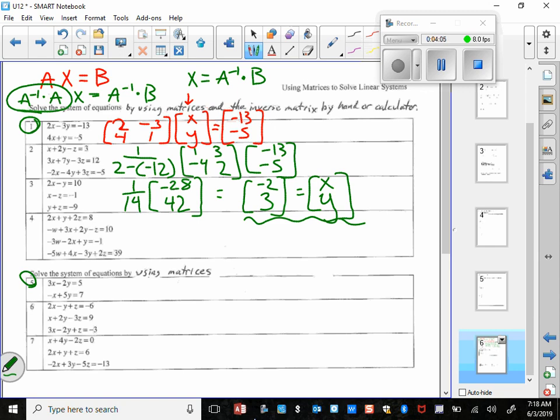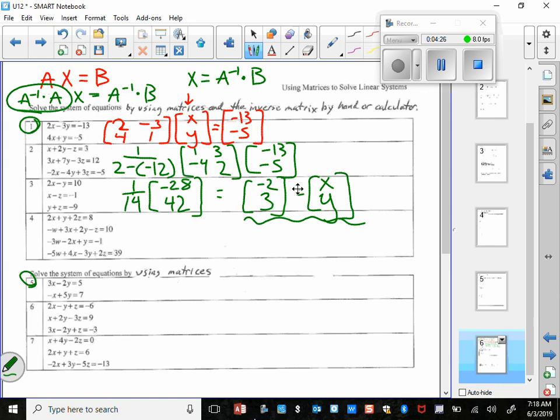If you were struggling with fractions a little, something that would have made it easier is if you multiplied your two matrices together and then multiplied everything inside by 1 over 14. Because this value out here is not a matrix, so you're able to do that, okay.